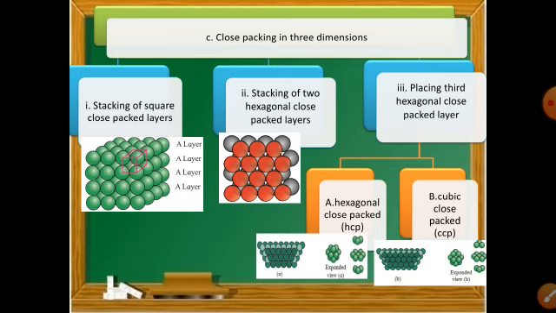In an expanded form you will see that the middle layer has seven spheres, one sphere is in contact with the six other spheres, and three spheres are above and three spheres are below. That is, three spheres are in the first level layer, and six spheres are in the third layer. So that is a total of 12.